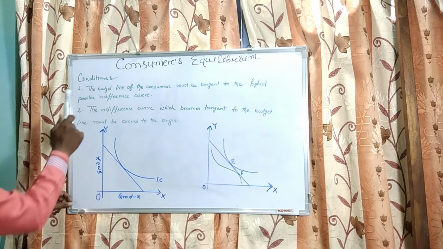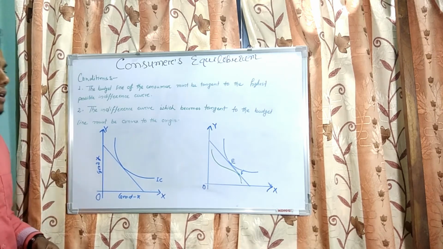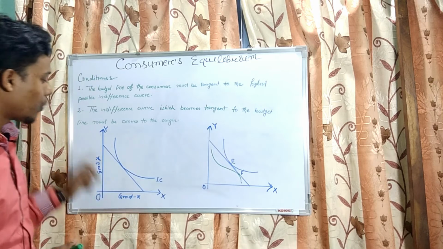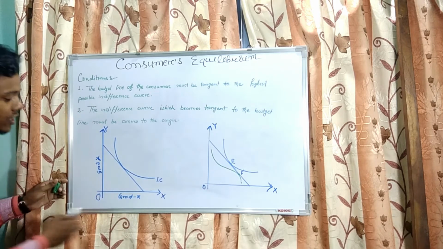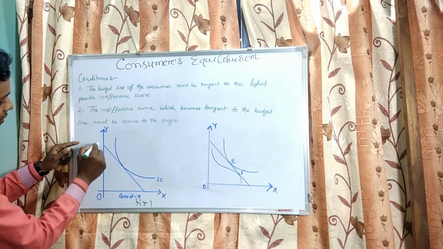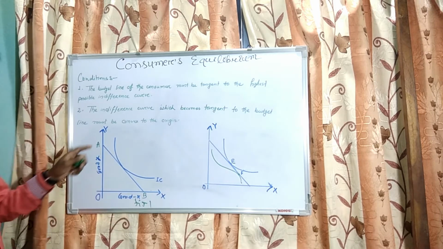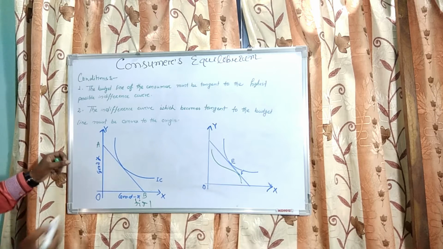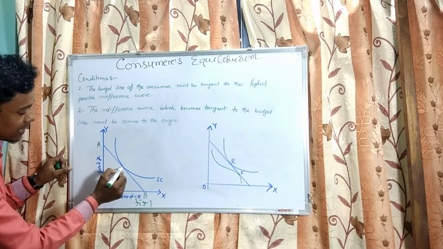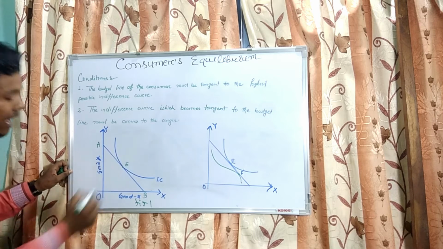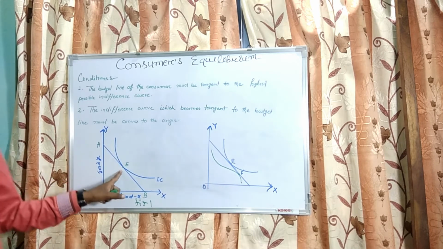So the first condition is that the budget line of the consumer must be tangent to the highest attainable indifference curve. In figure 1, suppose AB is the budget line and IC is the indifference curve, and it is easily seen that the indifference curve is tangent to the AB budget line at point E, and the consumer is in an equilibrium position.